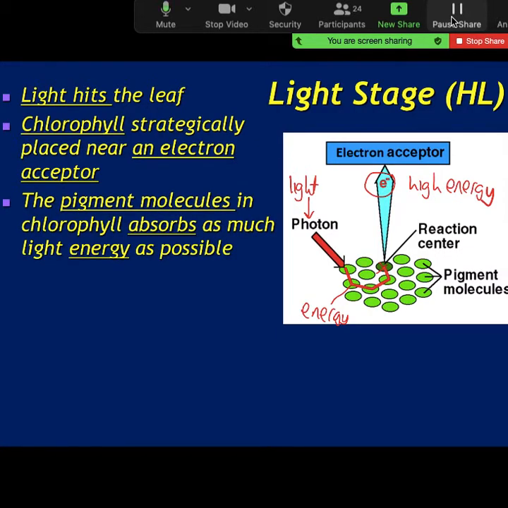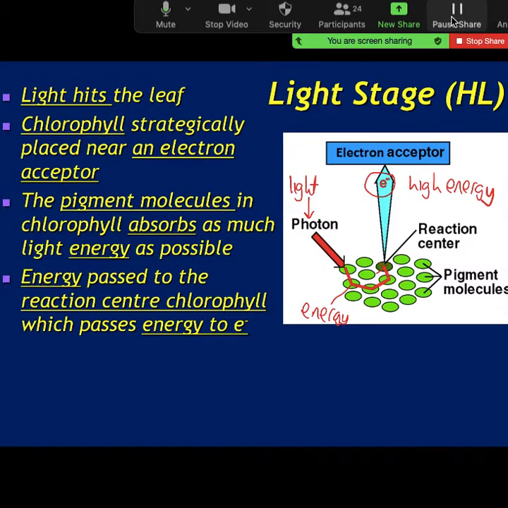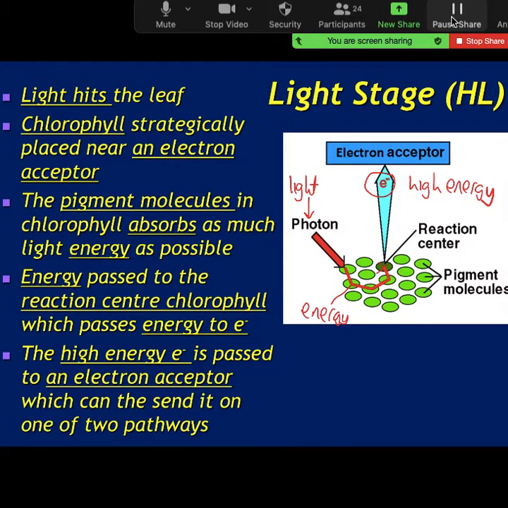The pigment molecules in the chlorophyll absorb as much light energy as they can, and they pass this to the reaction center chlorophyll, which gives that energy to an electron. Once it's done this, the high energy electron is passed to an electron acceptor, which can send it on one of two pathways.